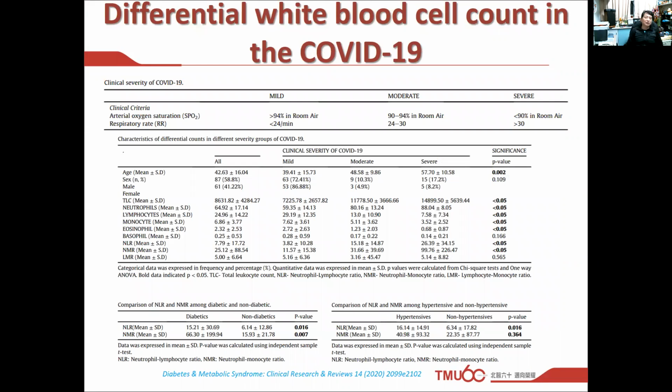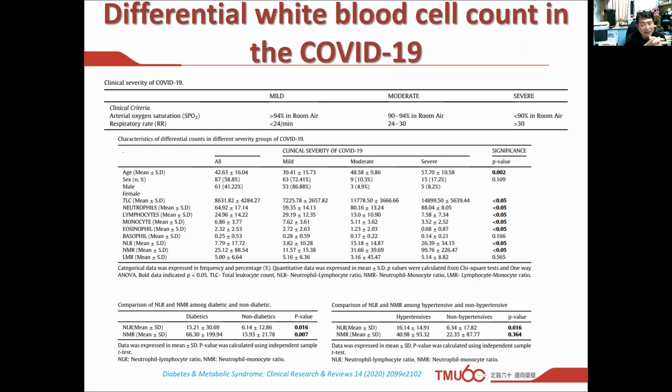This data is derived from 87 patients, evaluated by doing the white count to analyze what kind of leukocytes are correlated to severe or mild COVID-19 disease.